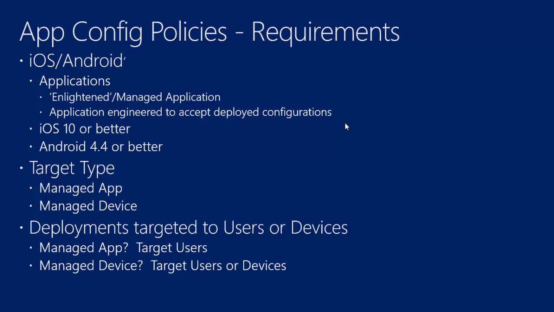So to call that out, specifically in that case, you cannot supply app protection policy for those applications because they are not managed enlightened apps, and so you would just apply the configuration policy, right? So however you do it, consult the vendor to confirm the app actually supports the configuration, and if it does, then we can deliver that by Intune.